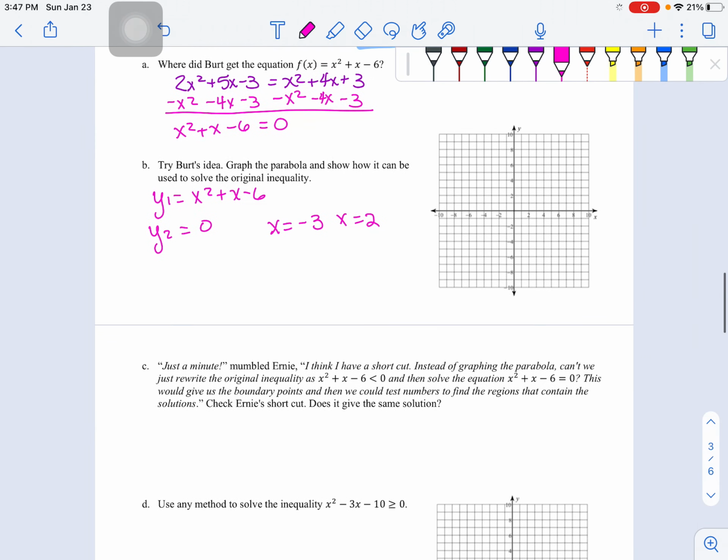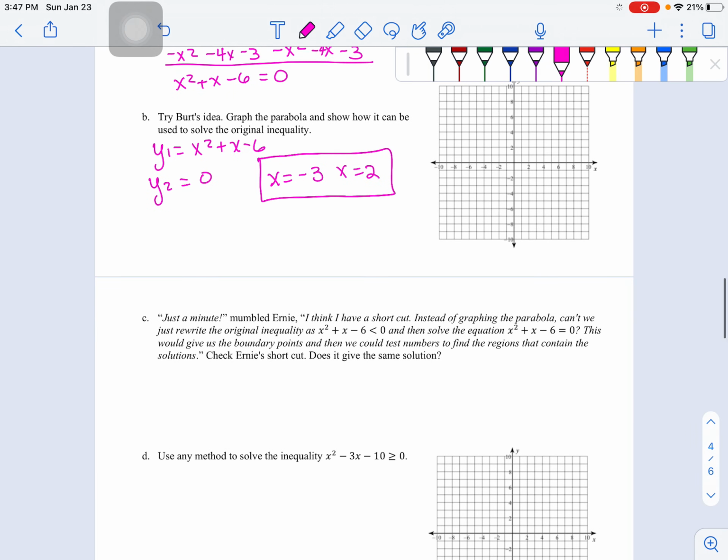And now to solve this, I'm kind of putting all of these part B and C all together. I'm not going to graph it on the right here because we did it on the calculator, but we are going to do the sections. We are going to put our number line with -3 and 2.